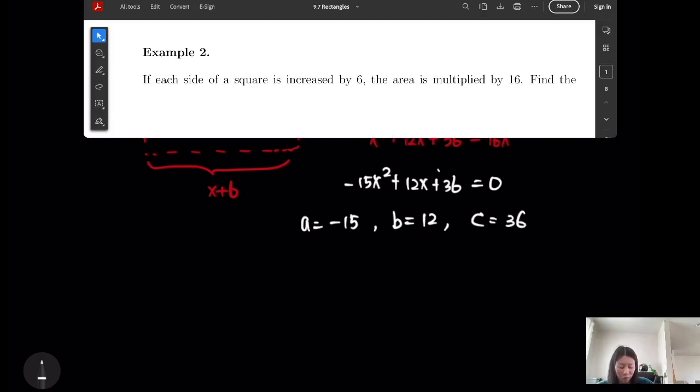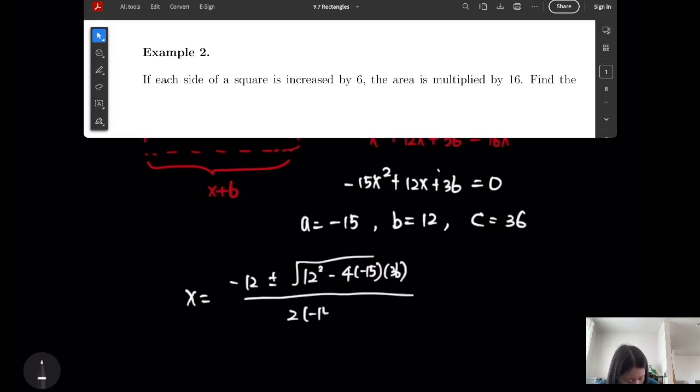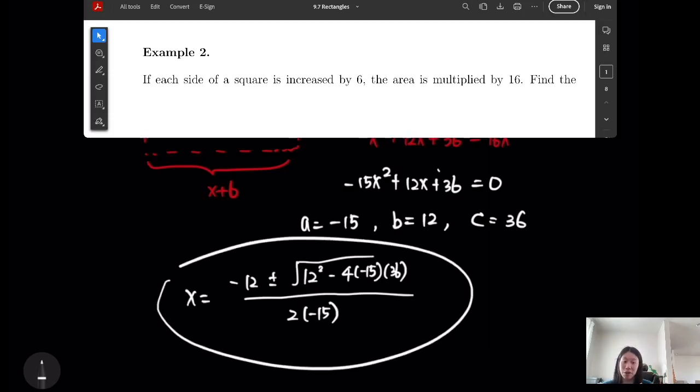So by the quadratic formula, I have x equals -b plus or minus the square root of b squared minus 4 times a times c, over 2 times -15. And then, of course, we're going to have a negative solution. You want to drop that because the side needs to be positive. So I'm going to leave it there and let you calculate that.